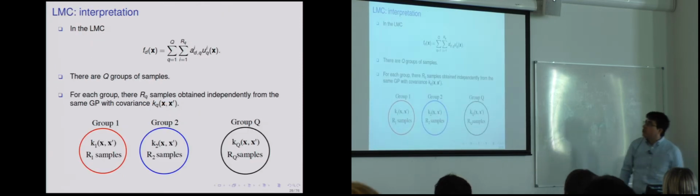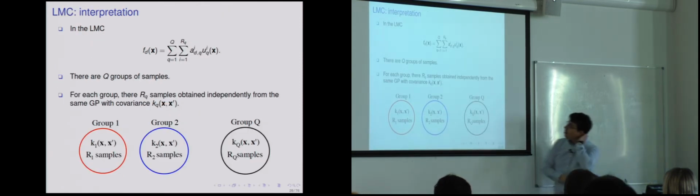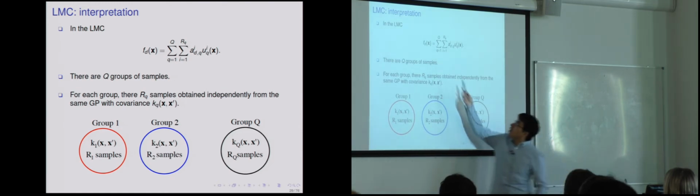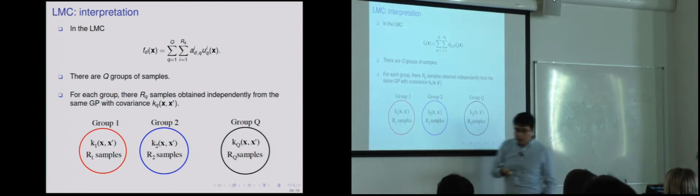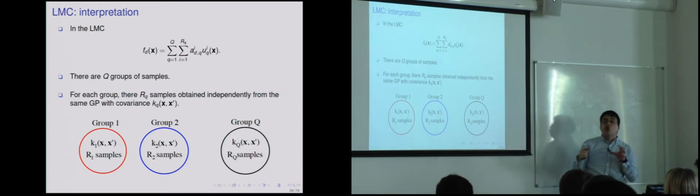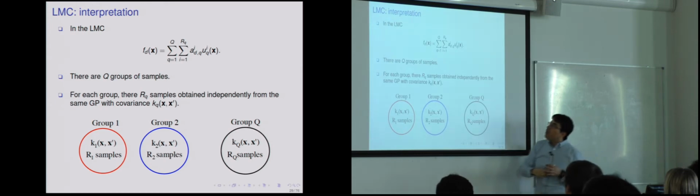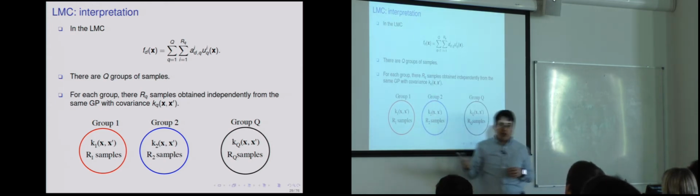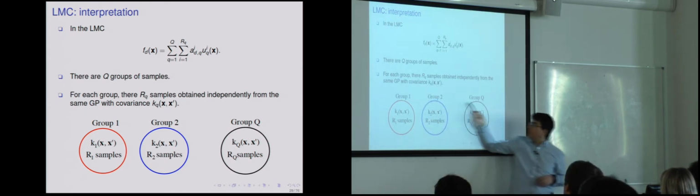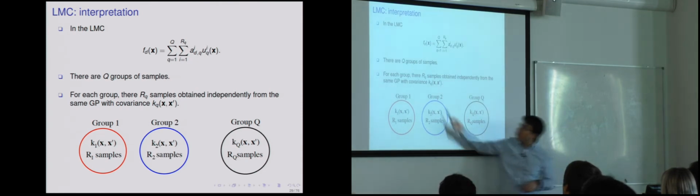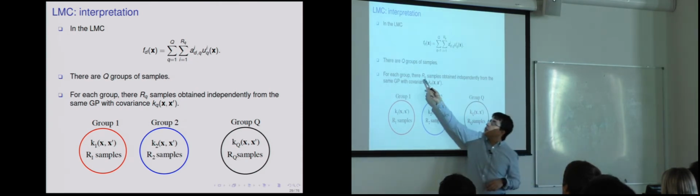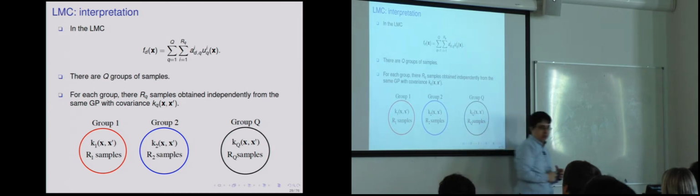So this is a way to understand the equation. Again, we have the expression for the outputs there. We can think about this equation as, imagine that we have capital Q groups of samples. For each group of samples, this is group 1, group 2, group Q, we have R sub q samples.